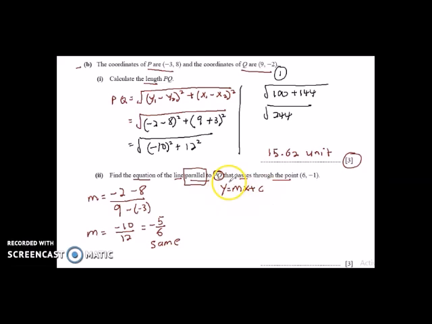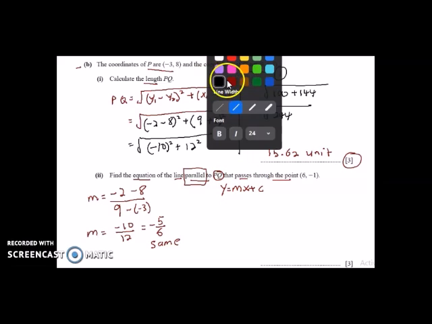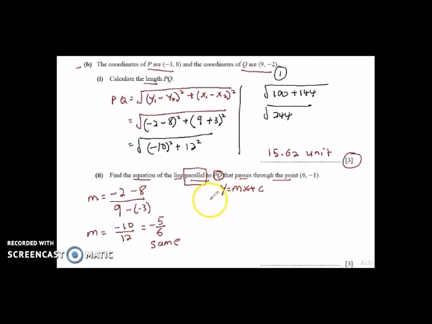Okay, y equals mx plus c, and then we can sub inside. The m will become negative 5 over 6. Okay, we put a bracket over here, and the x will become 6. We have to follow this point here, 6, and here's negative 1 plus with c.